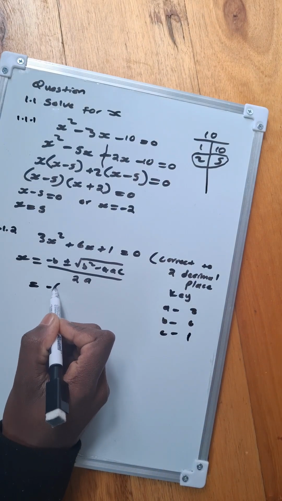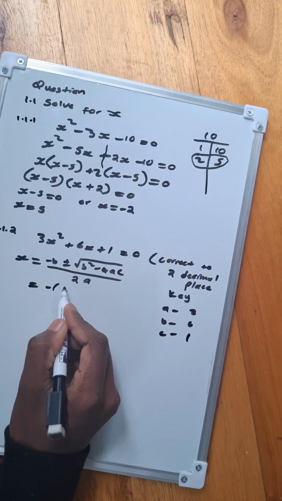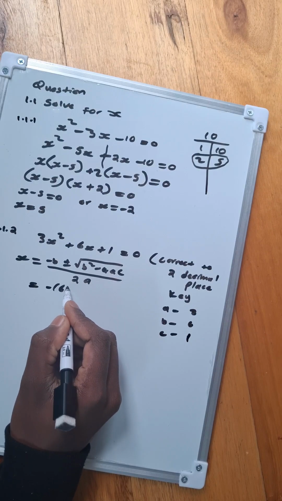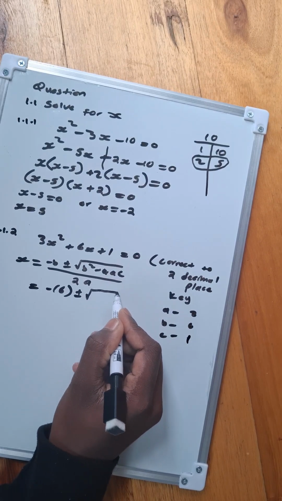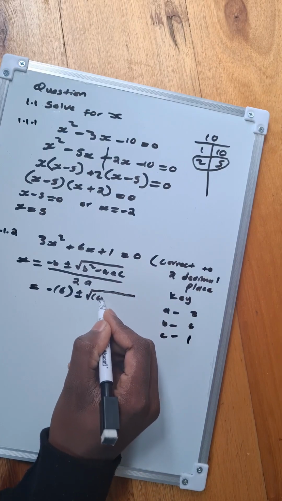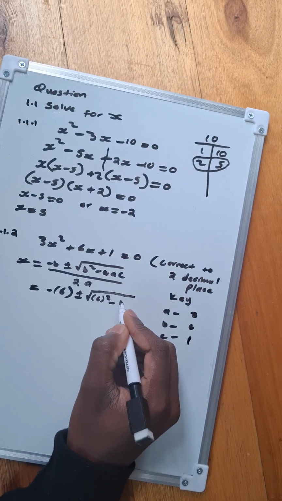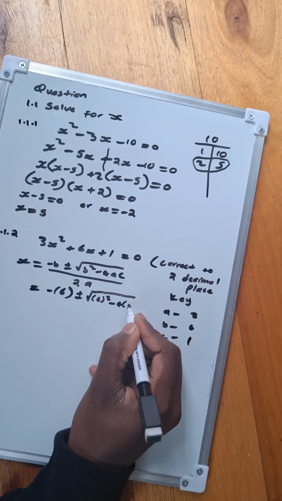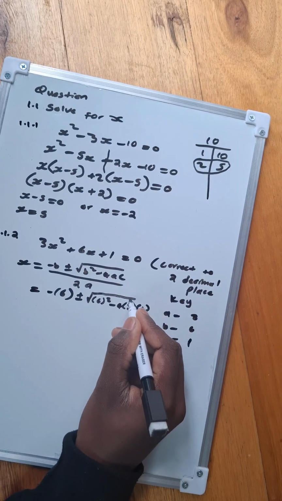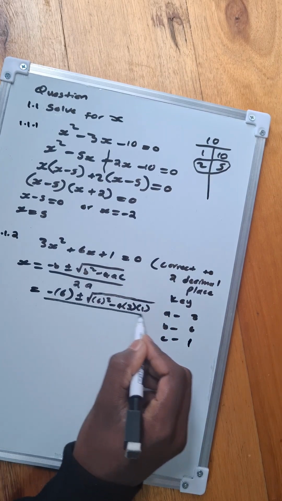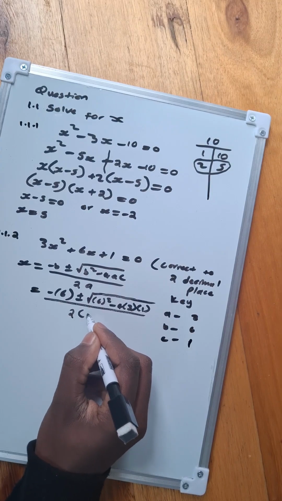Since my b is positive, you plug it into the formula as positive. So here it's 6 squared minus 4 times a, which is 3, times c, which is 1, everything over 2 times 3.